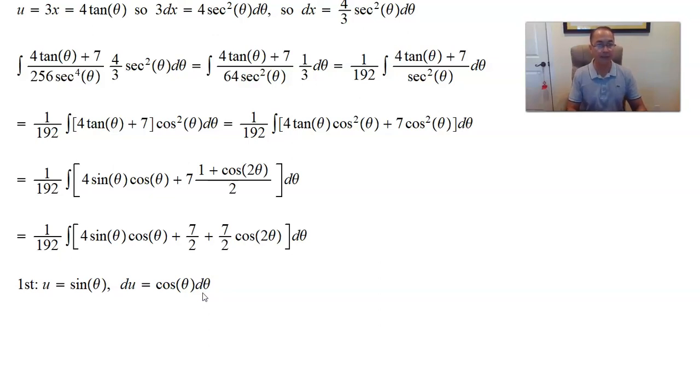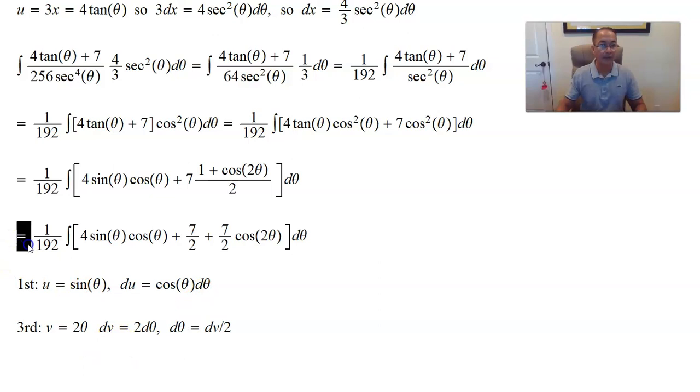For the third, since the second is only a constant, we will let v be 2 theta, and dv is 2 d theta, so d theta is dv over 2.